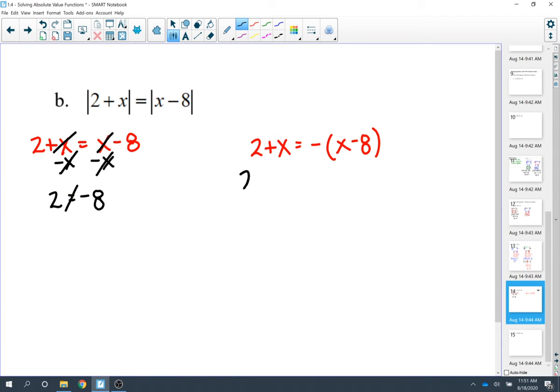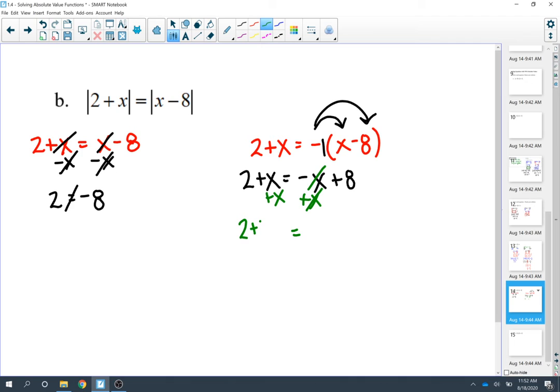So I'm going to keep my 2 plus x equals, I'm going to distribute my negative. So negative 1 times x is negative x. Negative 1 times negative 8 is positive 8. Now I'm going to try to get both of my variables on the same side. So add x. That's going to leave me with 2x, and then I still have my 2.